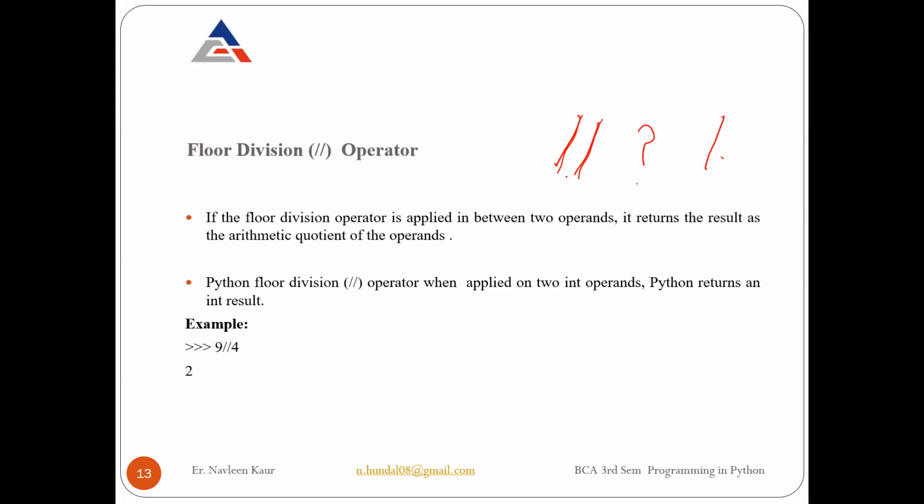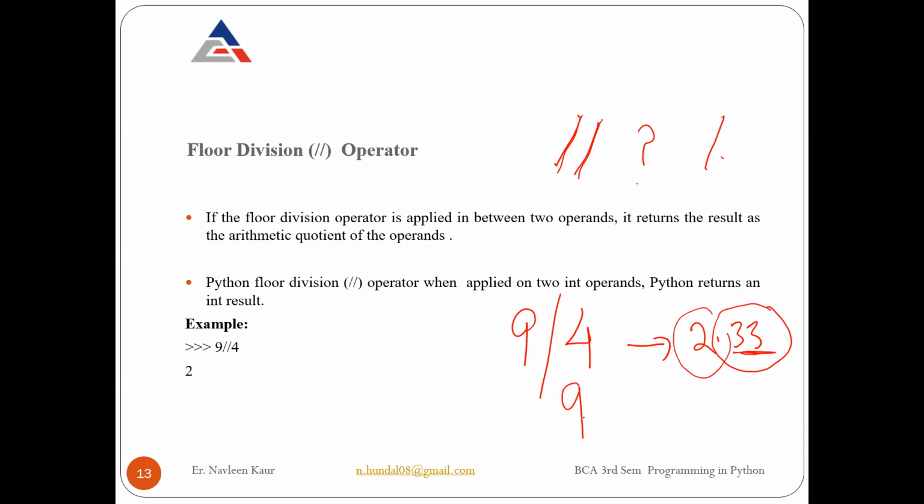Okay, so if I have the value 9 and I divide it by 4, you know that these two are not completely divisible. You will get some value like 2 point something. But if you are not interested in the decimal value, the floating point value, and you are just interested in the integer part, then you do 9 floor divide by 4.